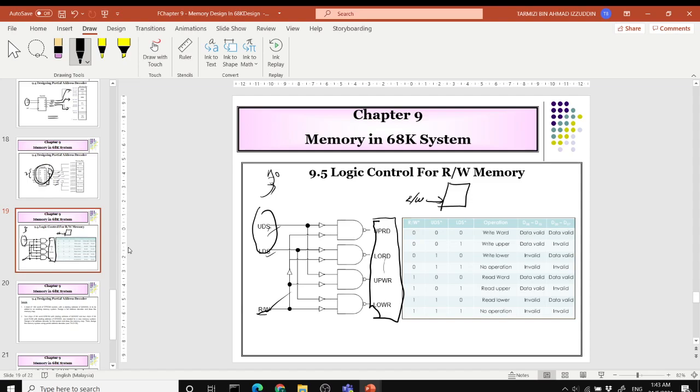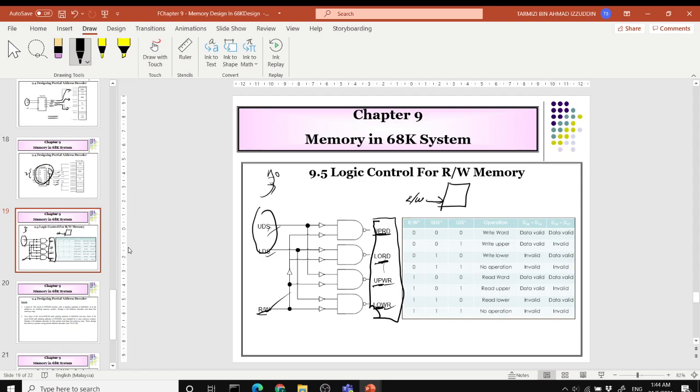Whether you need to write, denoted by this WR, write at the upper word, or write at the lower word, or read at the lower part of the data bus, or read from the upper part of the data bus.